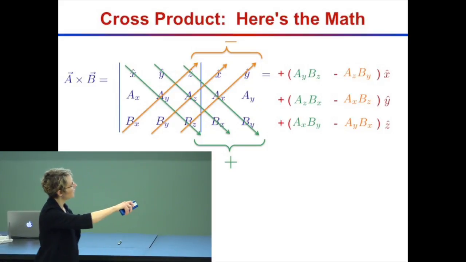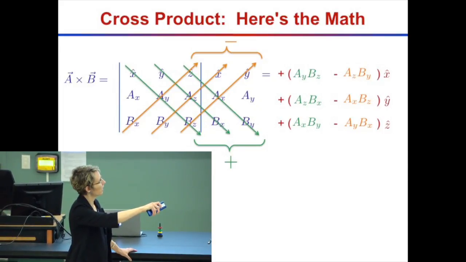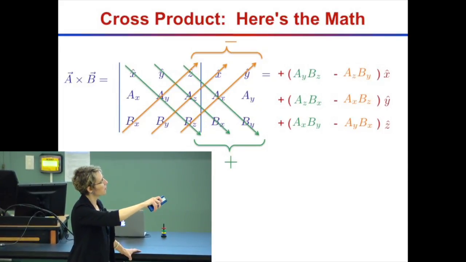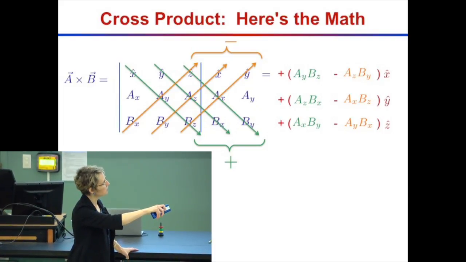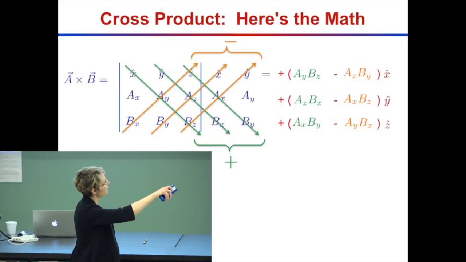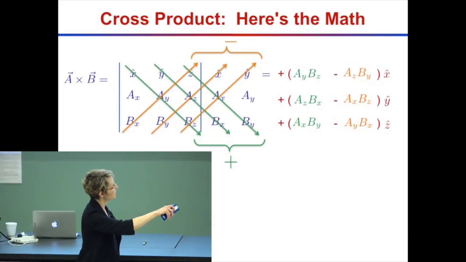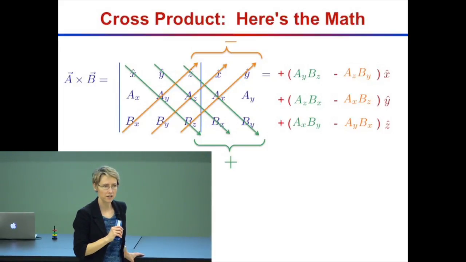So that's ay times bz in the x hat direction. That term goes here. Okay? This green arrow picks up y hat, az, and bx. So I need to take az times bx in the y hat direction, and it comes up with a plus sign. This one right here, same thing. I pick up whatever comes along the arrow: z hat times ax times by. That all goes here in the z hat direction. Okay?